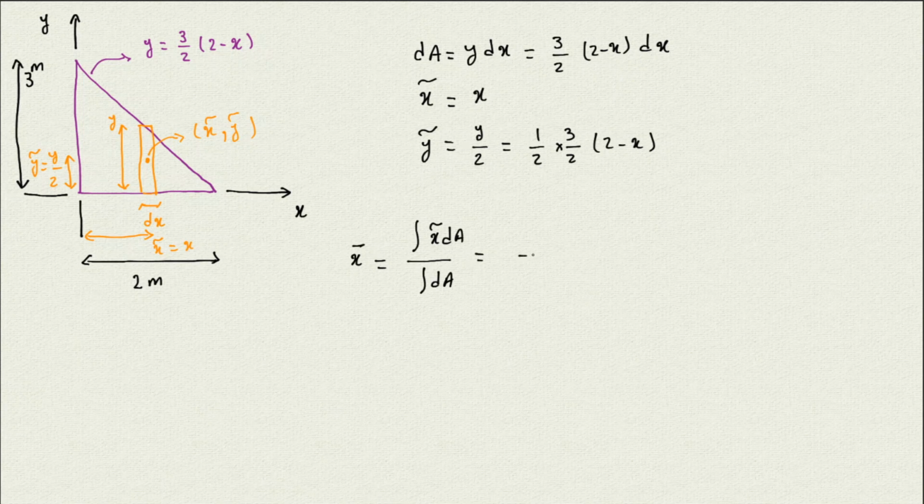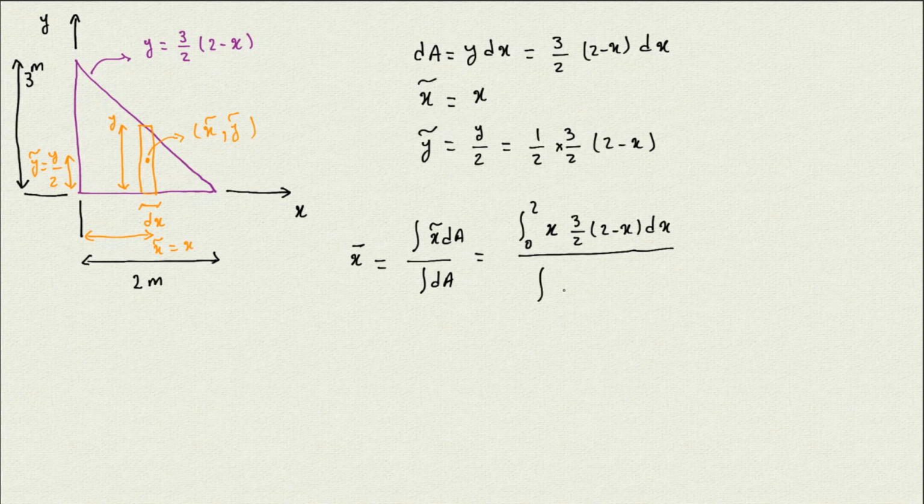And if I go ahead and replace those values, so again we are integrating over dx, so we're integrating over x, so it goes from 0 to 2. The centroid of the element in the x direction is x, and then for the dA, we just replace this value here, dx.